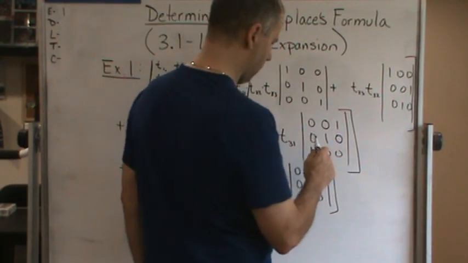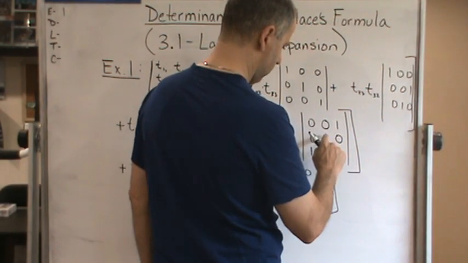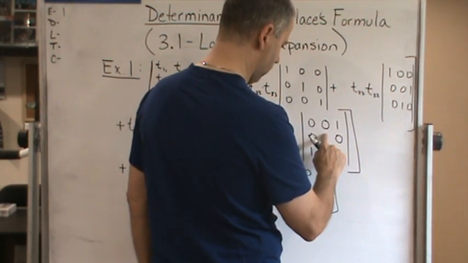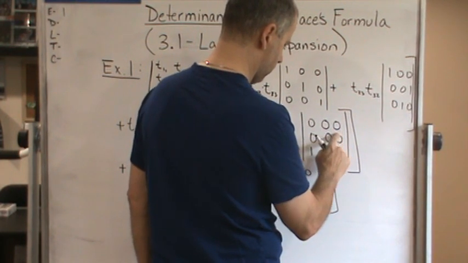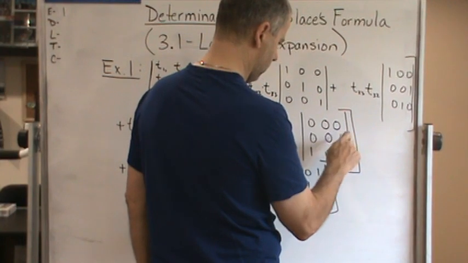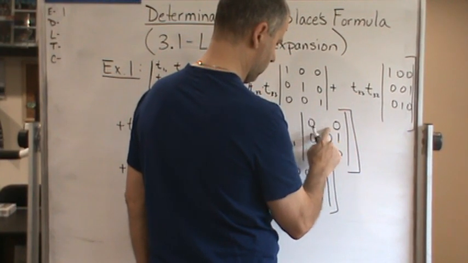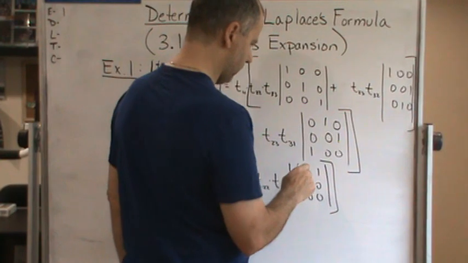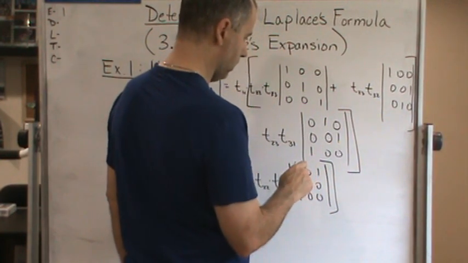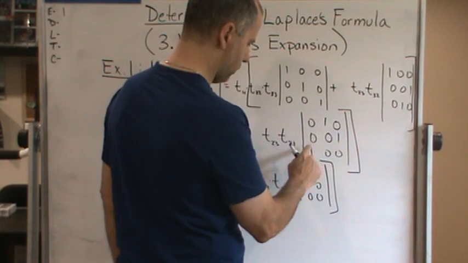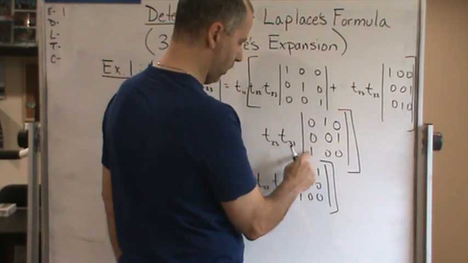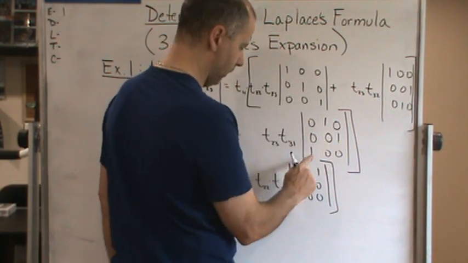Or hold on. Nope. Hold on. That's not what I want to do. I'm getting ahead of myself. Yeah, I want to switch these two. I want to switch row 1 and row 3. I want to get this up here.